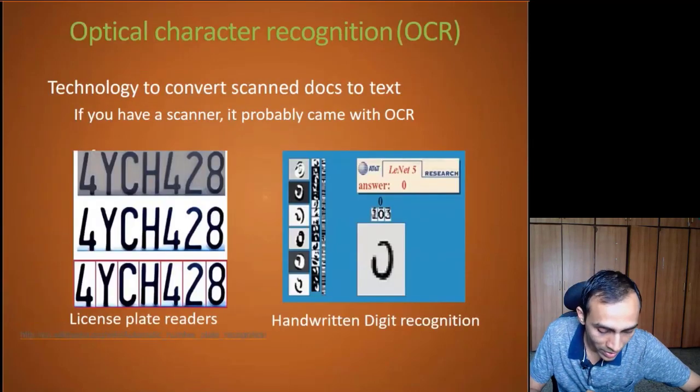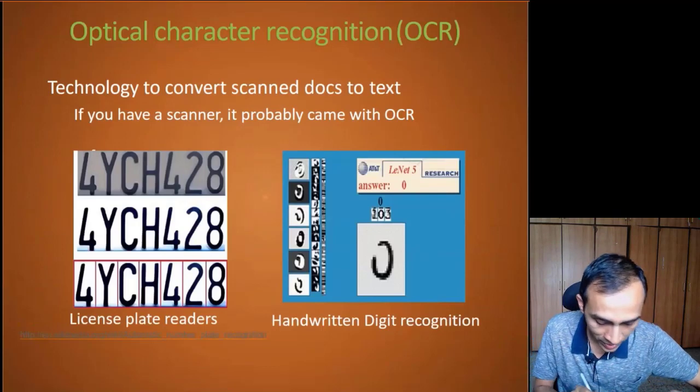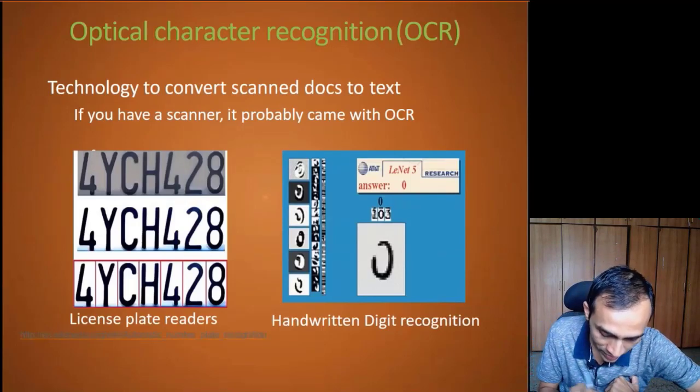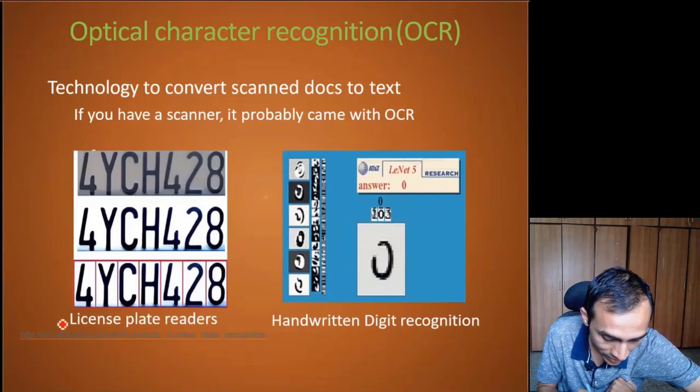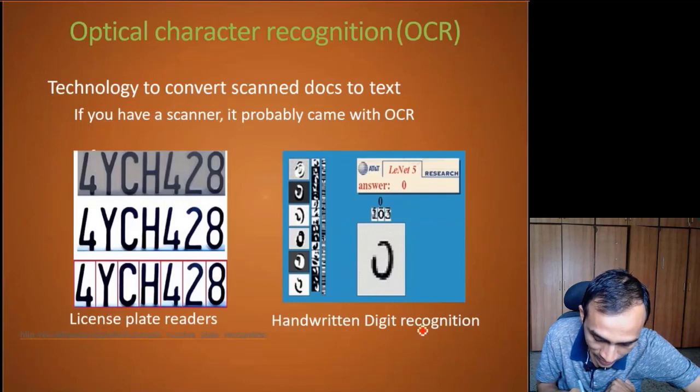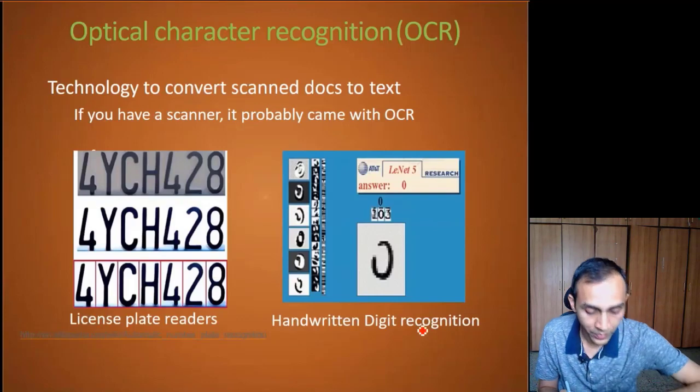For each of these applications, or at least a sampling of them, I have just one slide here. OCR was basically used for license plate recognition as well as handwritten digit recognition.